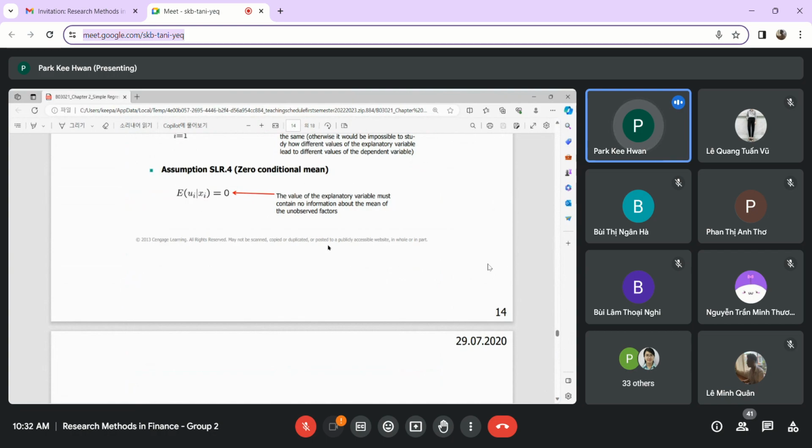This assumption assures you that you will have an unbiased estimate. Otherwise, your estimate will be biased. We'll talk about this more in the next chapters. So remember that the error term and the explanatory variable are not related. This is a very important assumption to have an unbiased estimate.